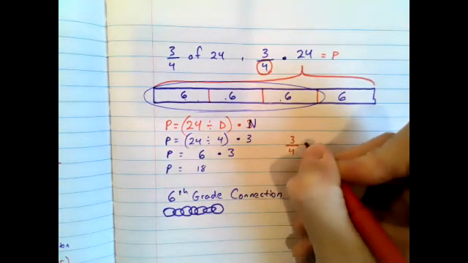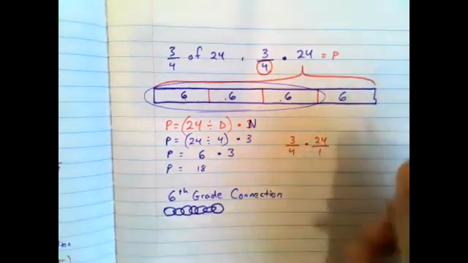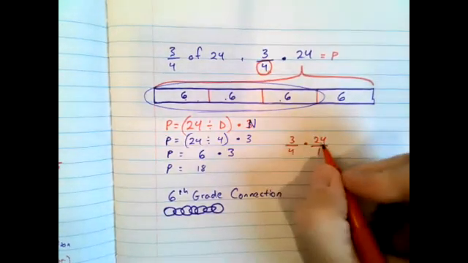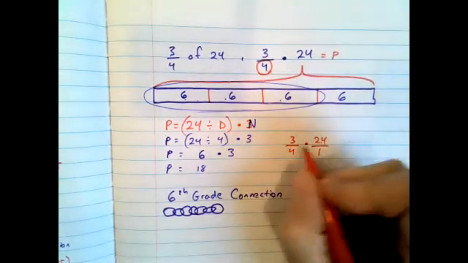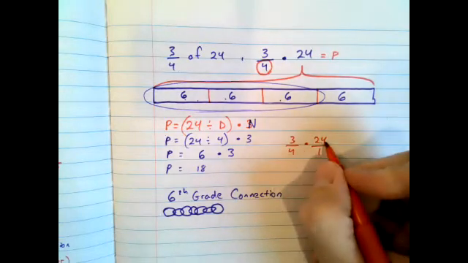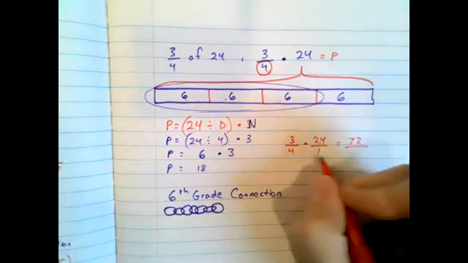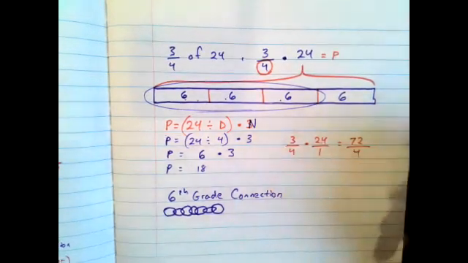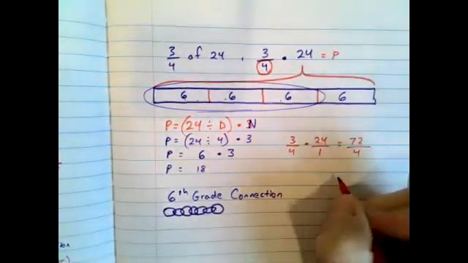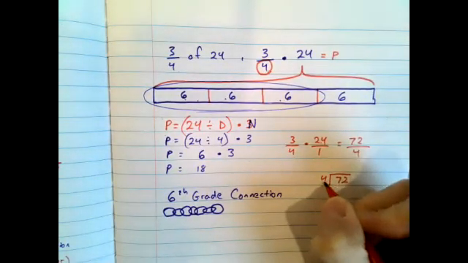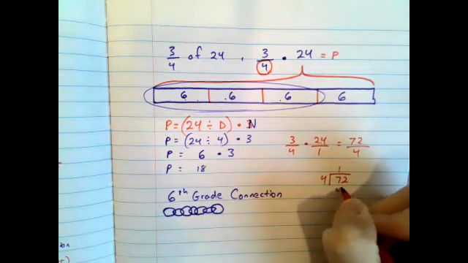Let's double check it using yesterday's method. 3/4 times 24 over 1. 3 times 24. This one's going to be a little bit harder. What's 3 times 20? 60. 3 times 4, 12. Put them together, we get 72. 4 times 1 is 4. Now we can divide down. Let's do this long division style. 72 divided by 4. 4 goes into 7 one time.